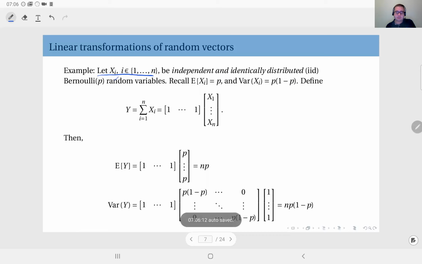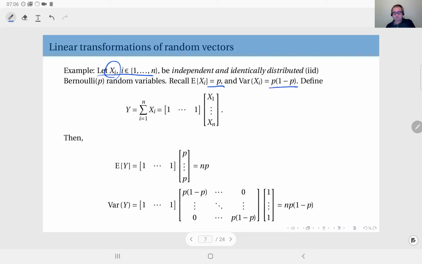Each x sub i here is a Bernoulli p random variable, and all of them, x1 through xn, are assumed to be independent. Now, if you remember, the mean of the Bernoulli p random variable is p, and the variance of that random variable is p times 1 minus p.